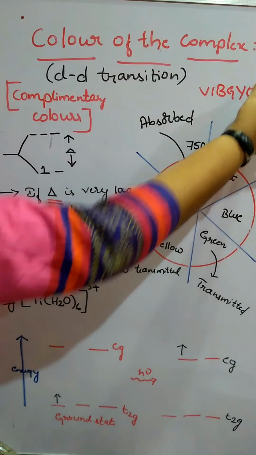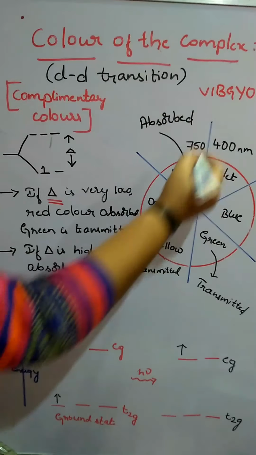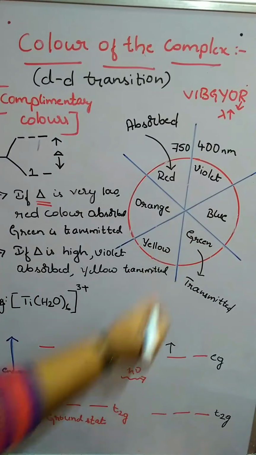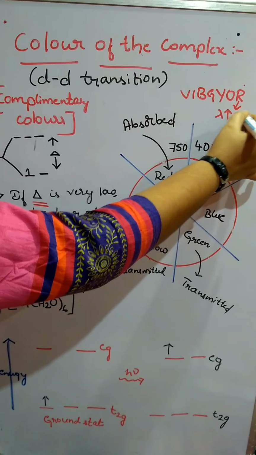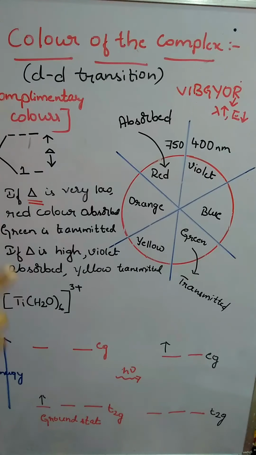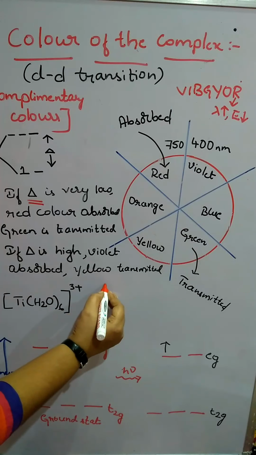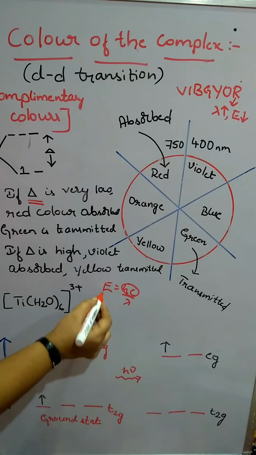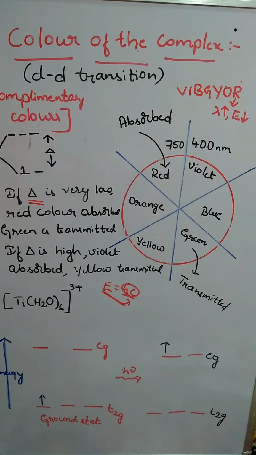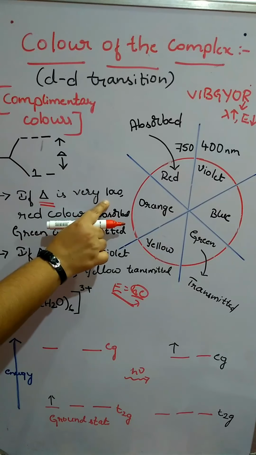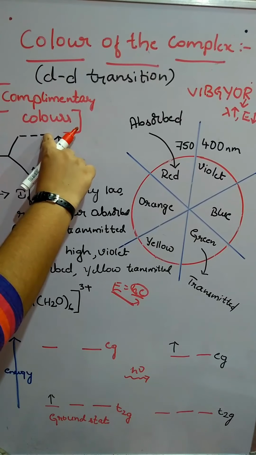When you consider VIBGYOR, R has the higher wavelength, and its energy is less, because wavelength and energy are oppositely related. We have seen E equals hc by lambda. These two are constants, so E and lambda are inversely related. If R has more wavelength, energy is less. So if delta is very low, then the difference in energy is very less.